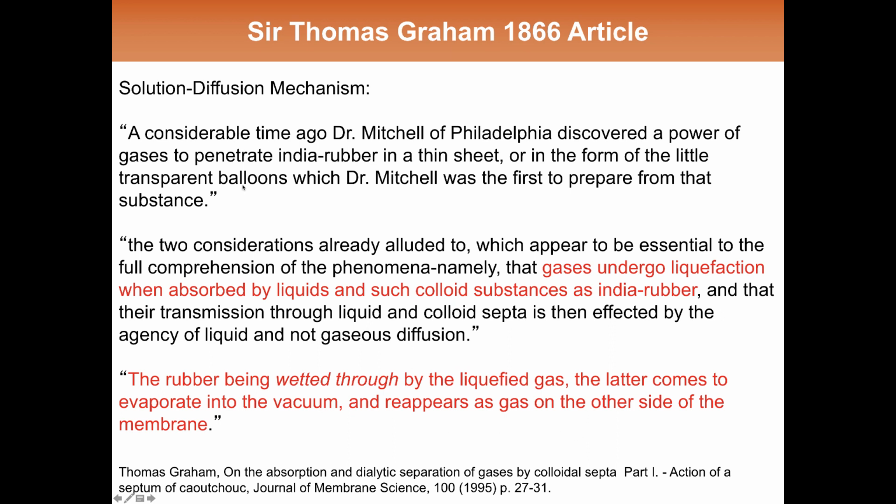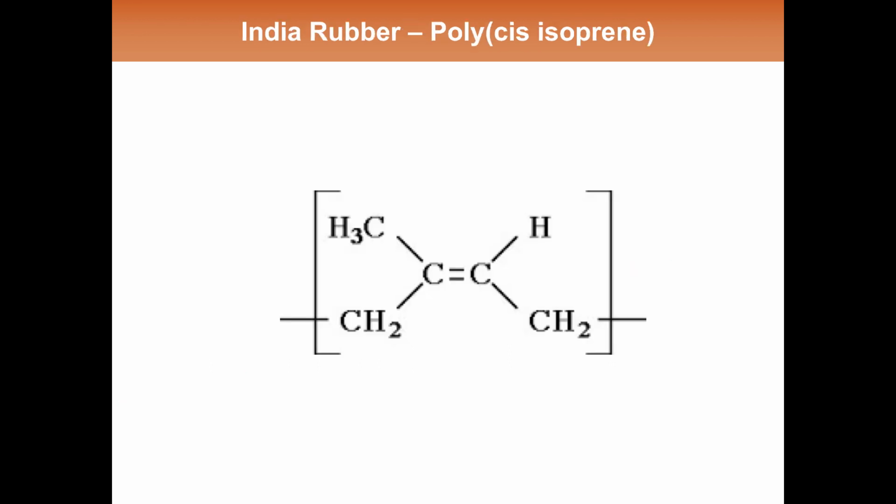So this is the first statement of what's called the solution diffusion mechanism for gas transport through polymers. And again, that's become the backbone for how we understand and describe gas transport through polymers today, and also things like water and ion transport through reverse osmosis desalination membranes. So we'll spend more time quantitatively with this a bit later.